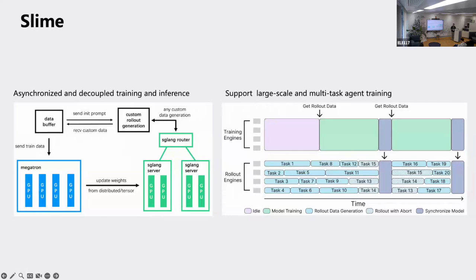Also, to improve training efficiency, we use BF16 for training and FP8 for inference, combined with online and channel-wise quantization. This significantly speeds up rollout data generation. And through a unified HTTP interface and a central data pool, Slime can seamlessly integrate different agent frameworks, which enables multitask training and high quality data sampling.